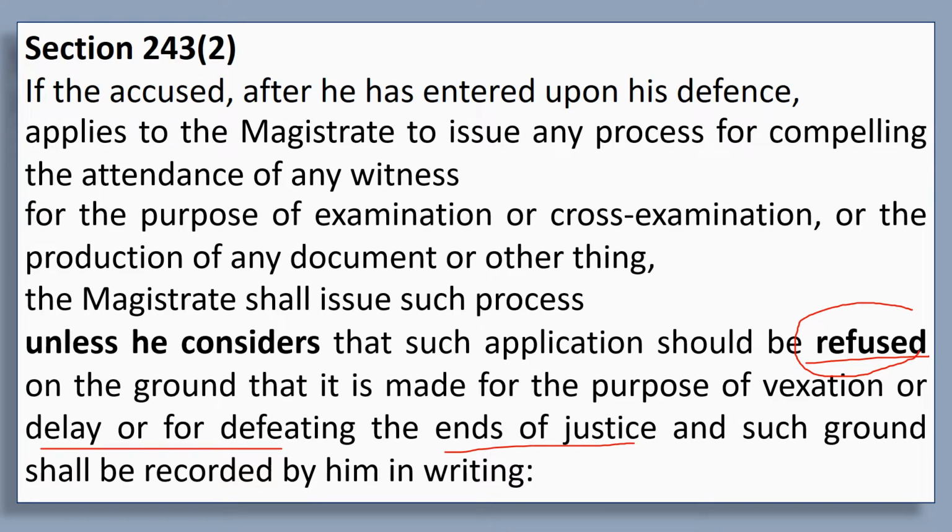If he is rejecting the request, the magistrate has to mention why he is doing so. Basically, the section is informing us that he will refuse only if the magistrate thinks that it is just to delay and waste the time of the court or is not necessary. So all these reasons shall be recorded by the magistrate.